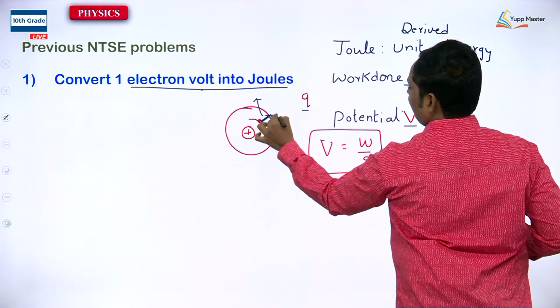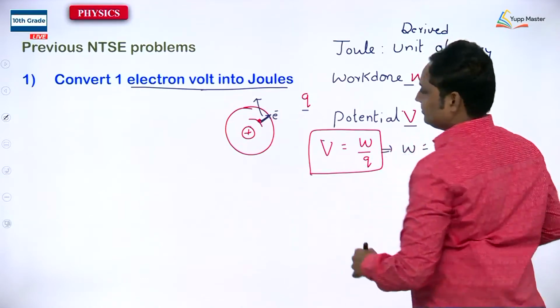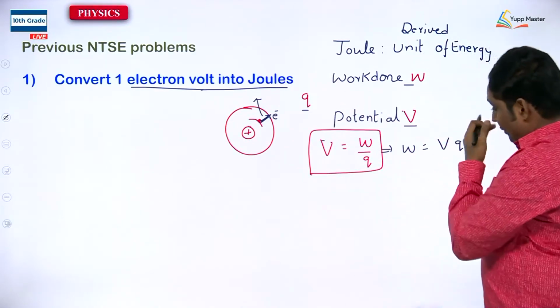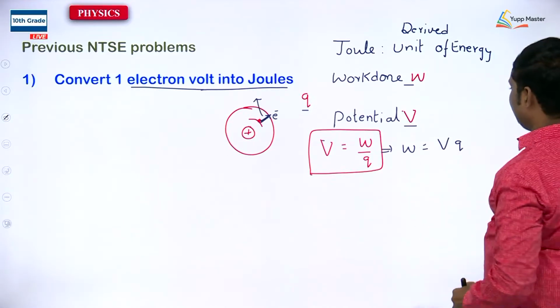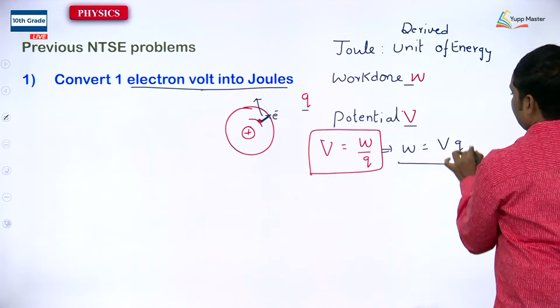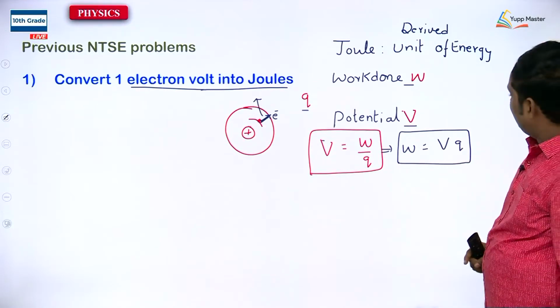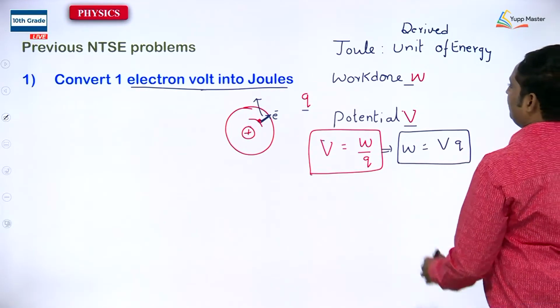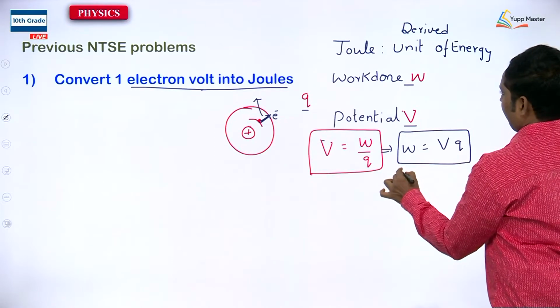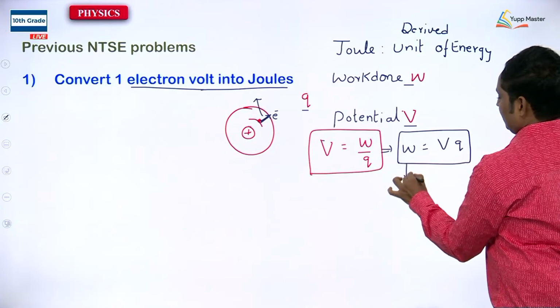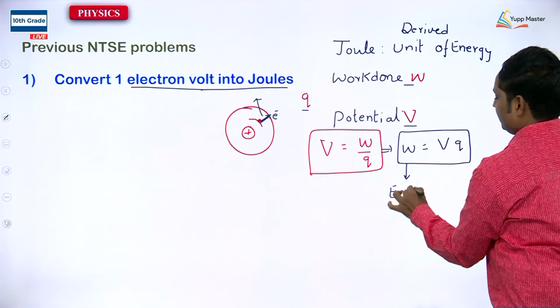So, that electron, let us assume it is going to be excited. Now, if you are going to identify that work done, it is its energy. Work done is nothing but energy.